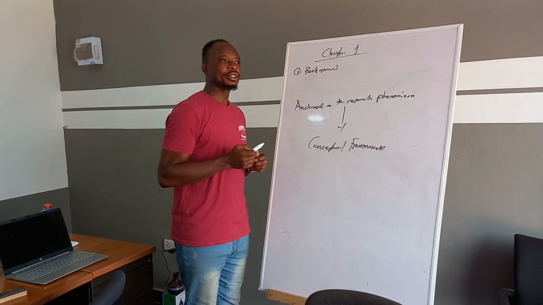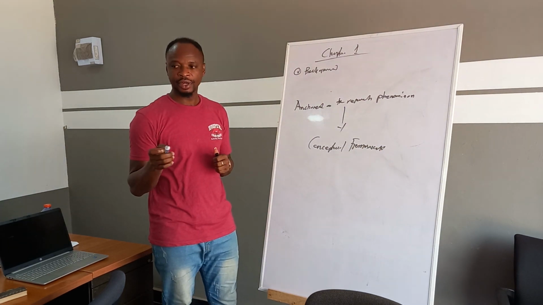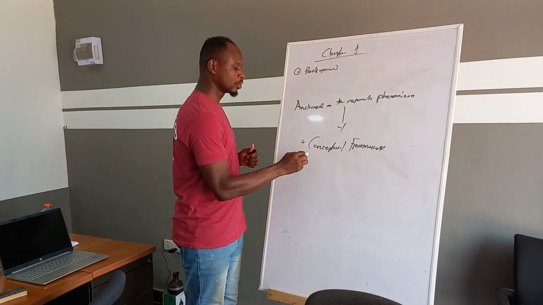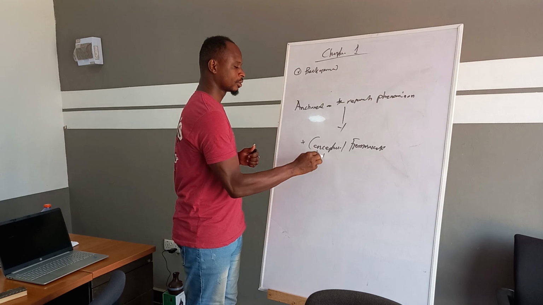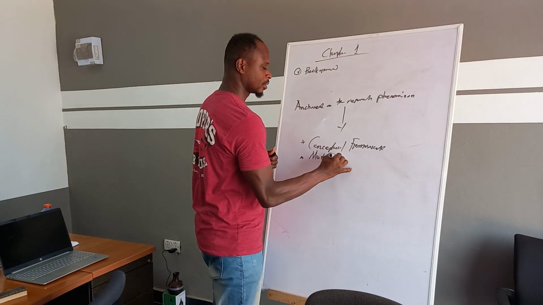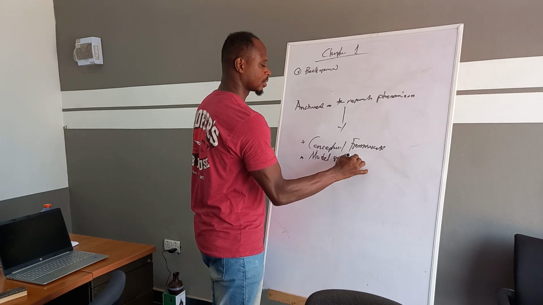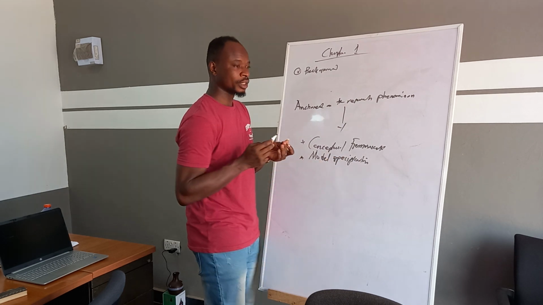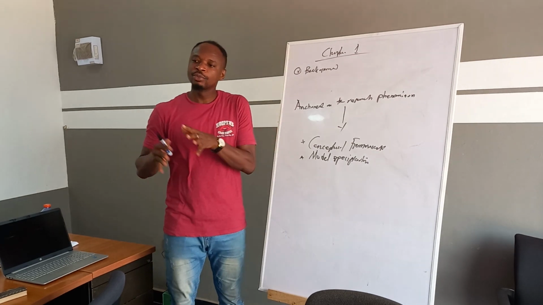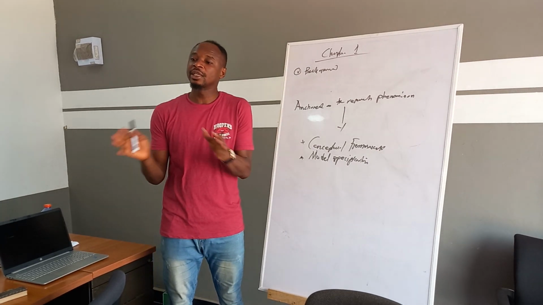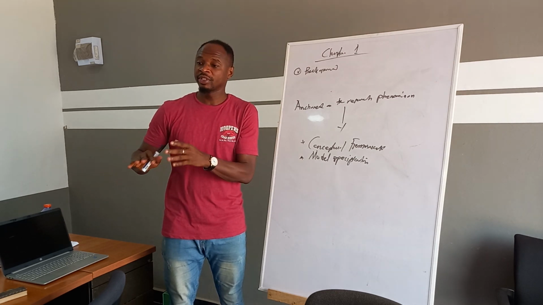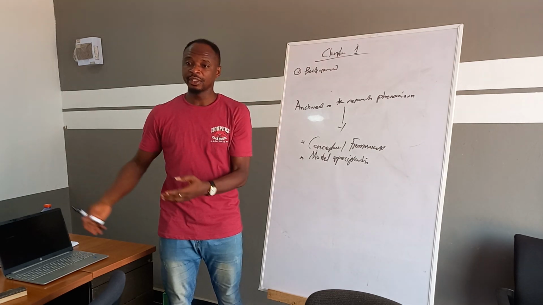Under certain contexts, they will not use the term conceptual framework. They can use what we call model specification. Model specification. You look at that. So, whether we are using conceptual framework or we are using model specification, they mean the same thing, except that they are being presented differently.